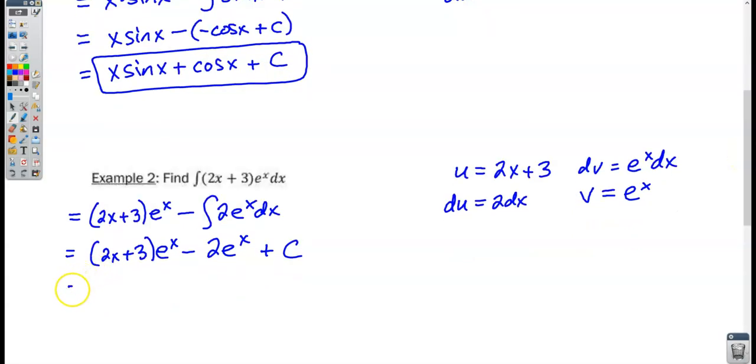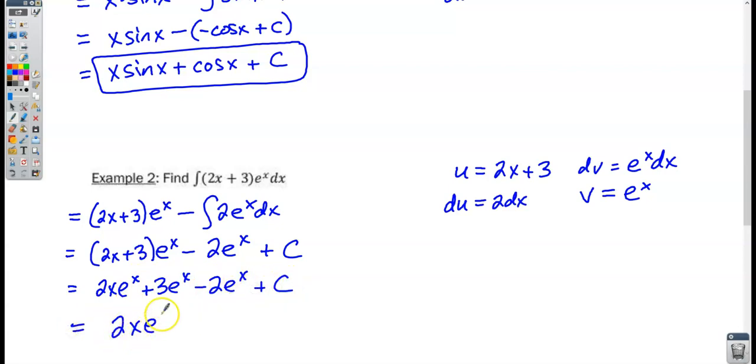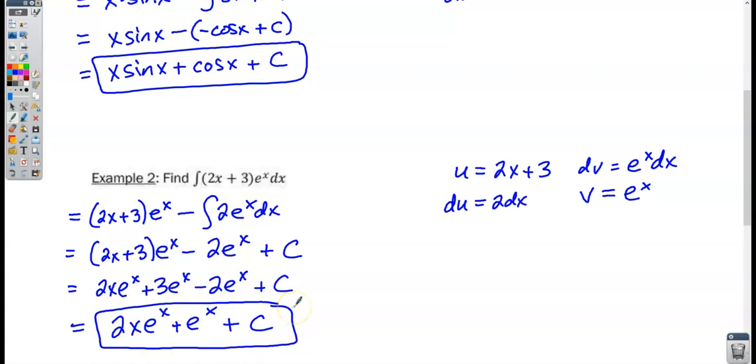And this one, I'm going to actually simplify a little bit because I can distribute the e to the x through the parentheses here and combine some like terms. And there's our integral in example 2.